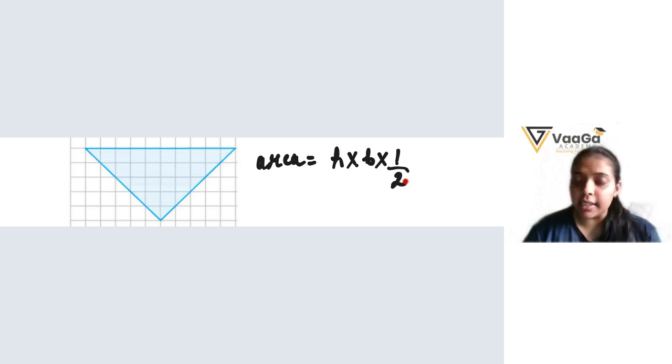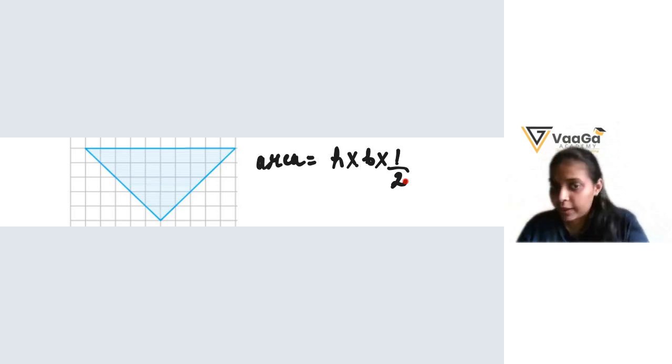Area of a triangle is half times base times height. Speak after me. Half times base times height. So the area of a triangle is half times base times height. Okay?